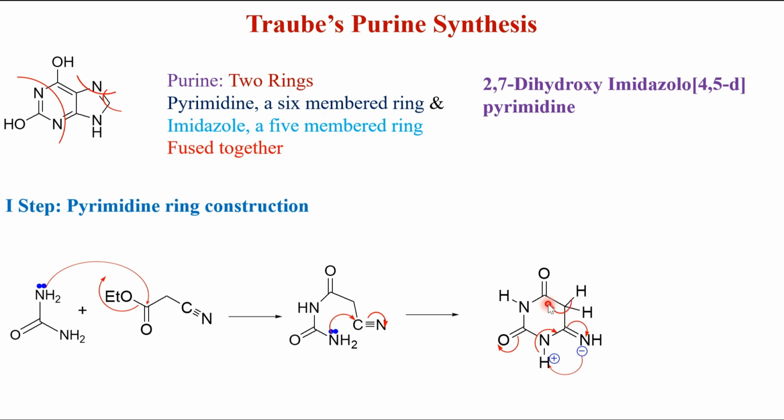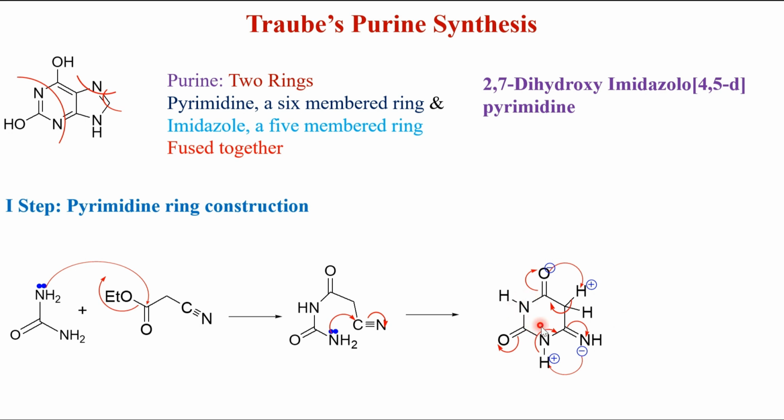These electrons are utilized to form the bond with the adjacent carbon, which is an electron deficient center, and it has to maintain its tetravalency. That's why pi electrons move onto the oxygen. Once the oxygen gains electrons, it becomes electron rich. This electron rich oxygen combines with electron deficient hydrogen.